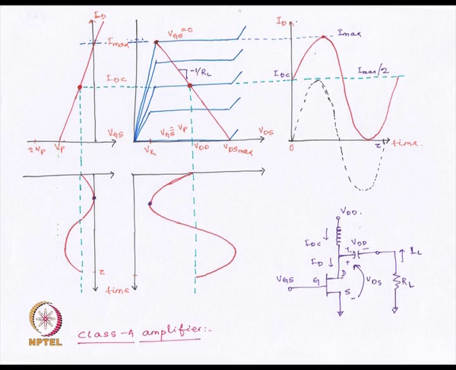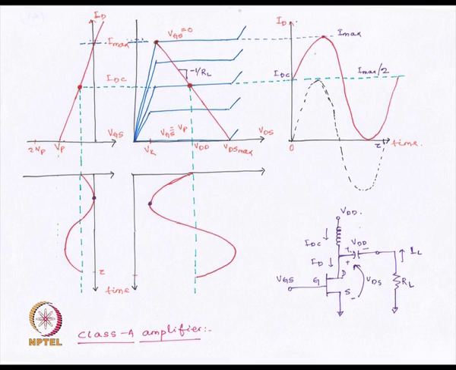First of all, note that because it is operating for the entire region, that is, the transistor is always on, our input will have to be in that region of the ID versus VGS characteristics where the entire 360 degrees can be accommodated. If our input amplitude is very high and the negative part goes beyond this Vp, then it is not a class A amplifier.